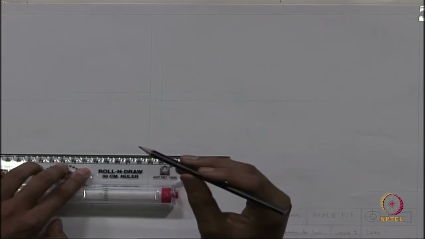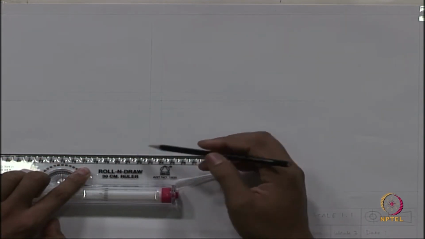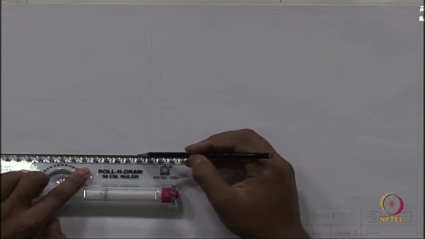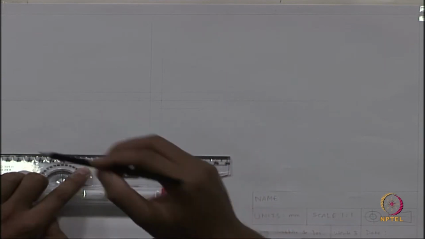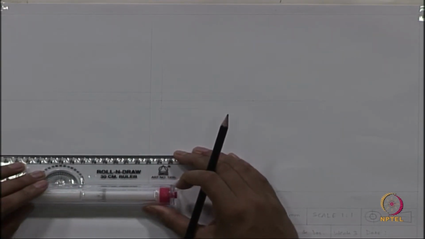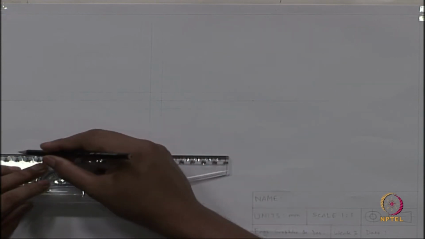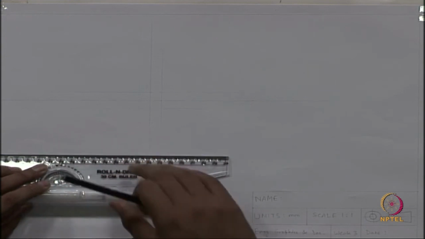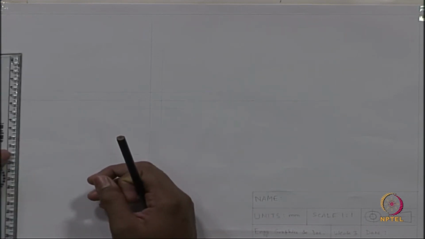For this kind of light lines or construction lines I will use H pencil, and lengthwise it will be 108. So, exactly at 108 I have to stop. And then I will close this.